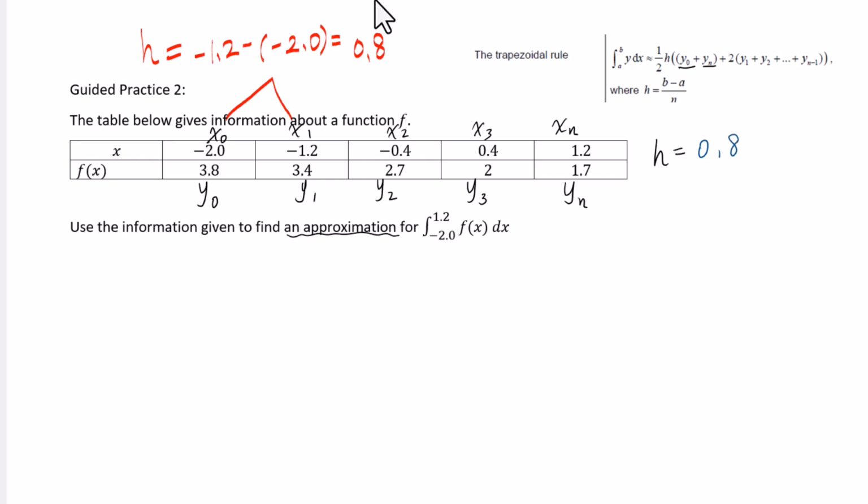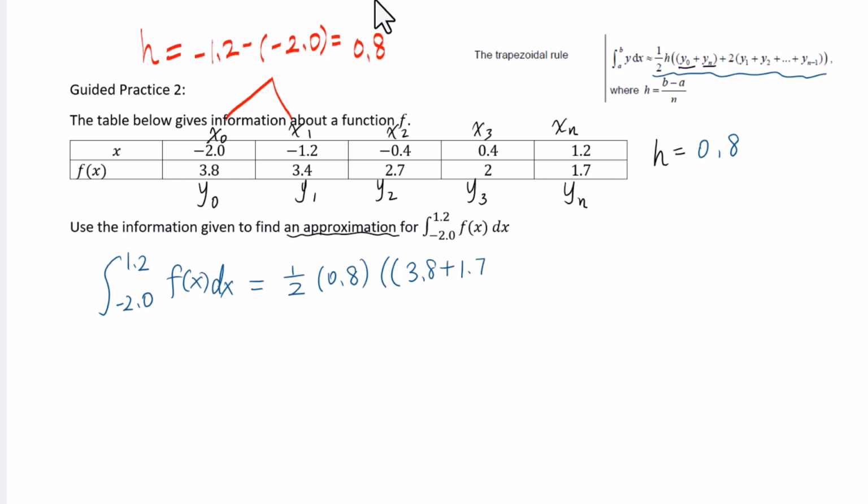Now we need to plug into this formula. The integral from negative 2.0 to 1.2 of f of x dx equals 1 over 2 times the height 0.8, 2 parentheses, y0 is 3.8 plus y sub n is 1.7, plus 2 times y sub 1 is 3.4 plus 2.7 plus 2.